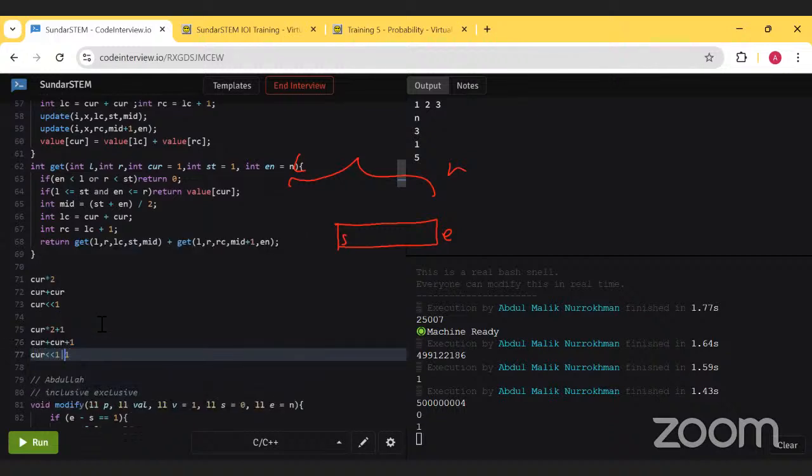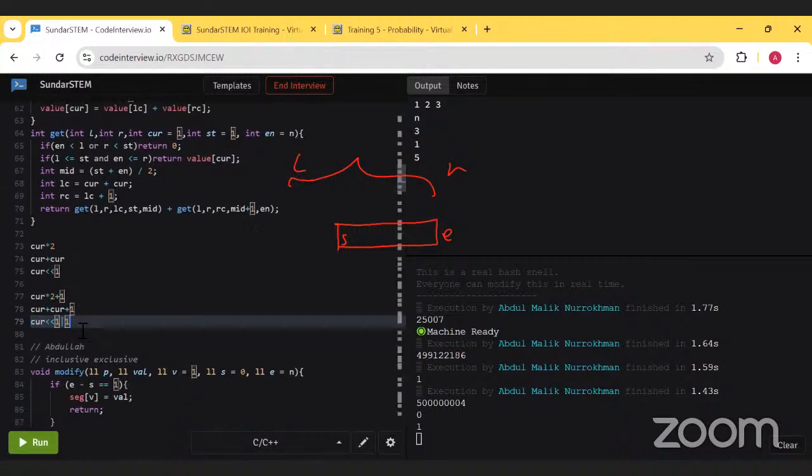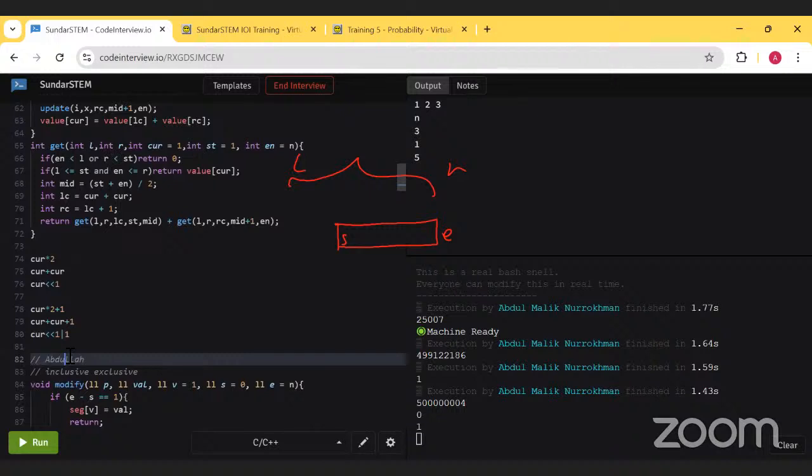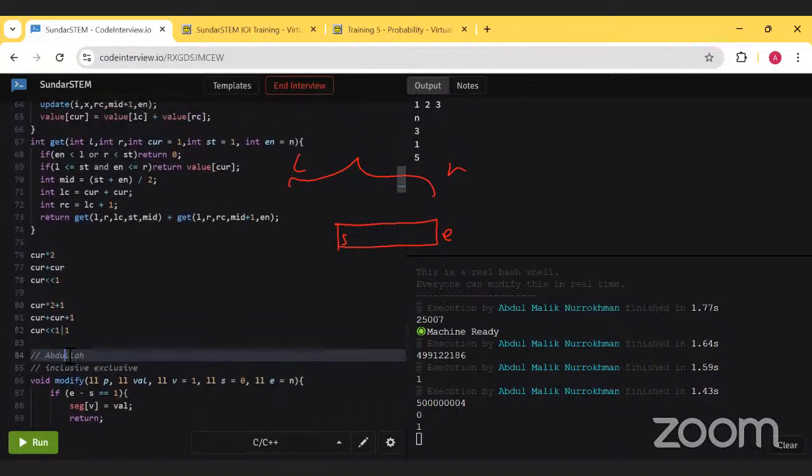This is the fastest. Okay, there are three ways, or maybe there are other ways. But this is not too important since the complexity will still be the same.